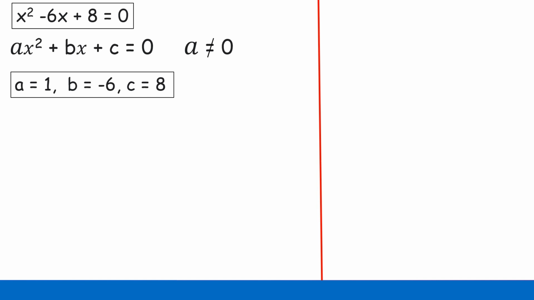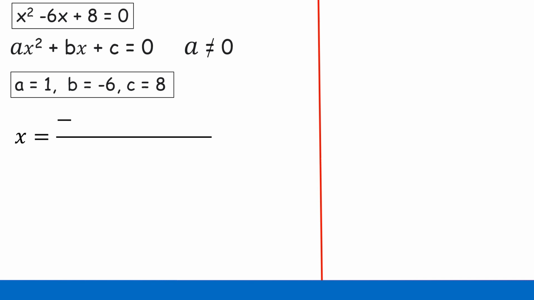And here we can clearly see that our x squared is being multiplied by 1, and therefore a is equal to 1. Now, what is our b term? Our b term is the coefficient of x, that is, what is multiplying x, and that is minus 6. And then our constant term clearly is 8.